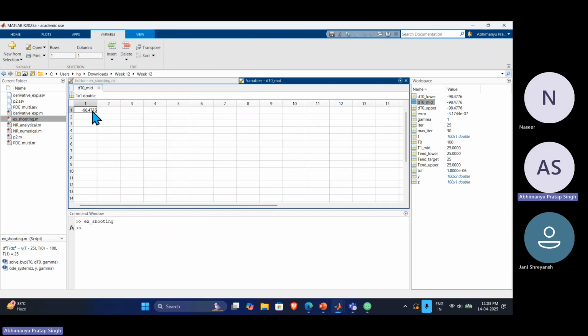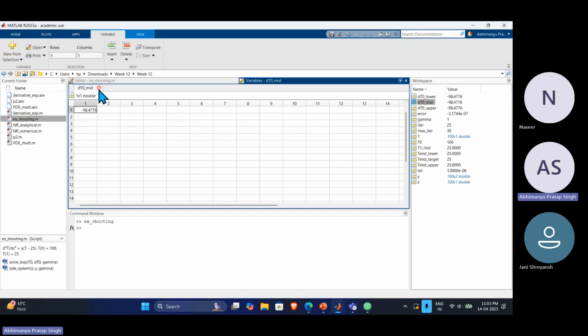So finally it gave us a value of minus 98. That means that the linear approximation that we were initially suggesting, like minus 75, was wrong because the solution is not linear in nature. So the final value we got was minus 98.